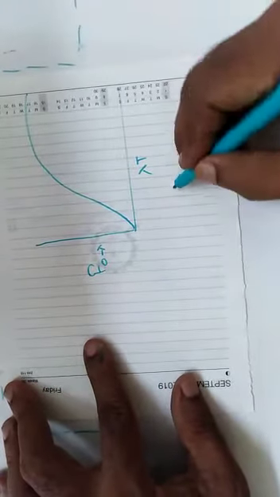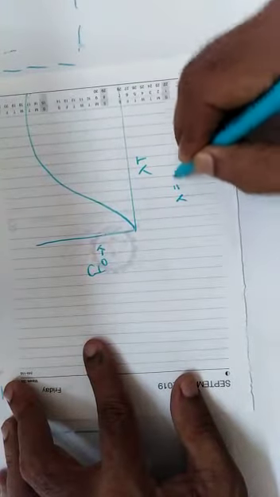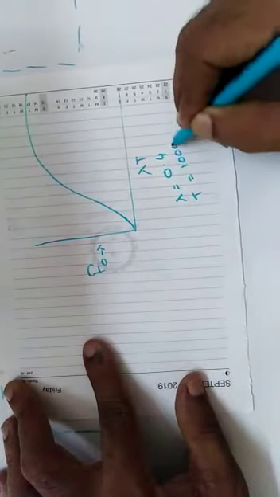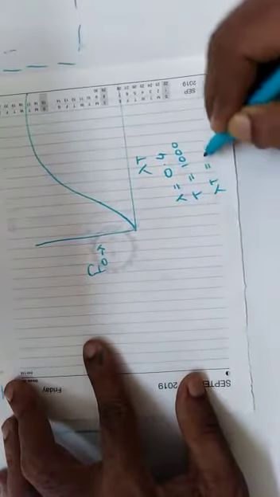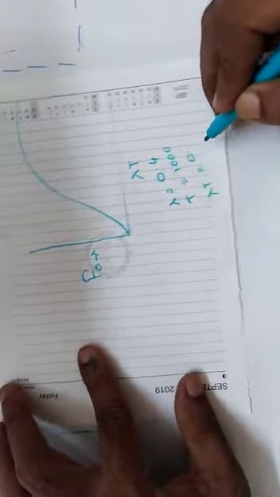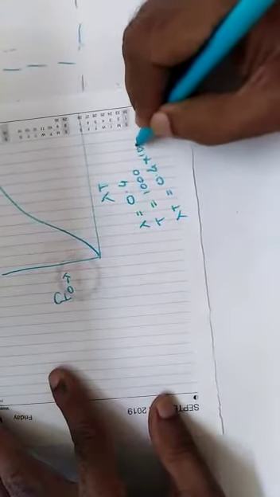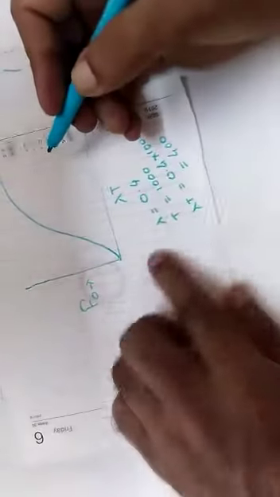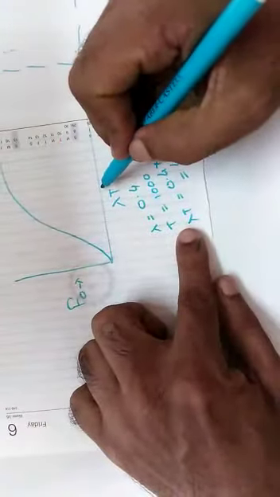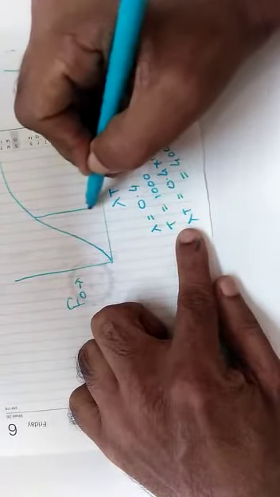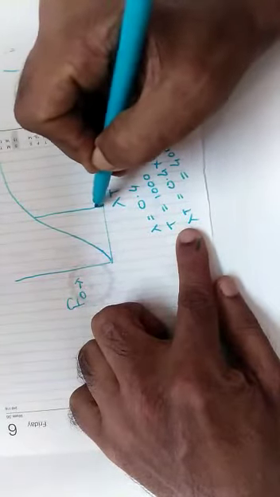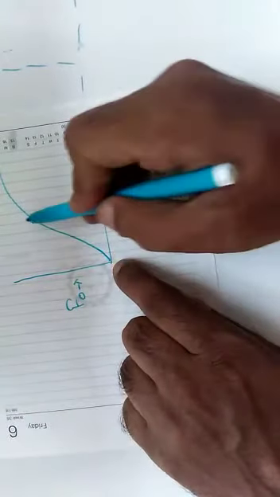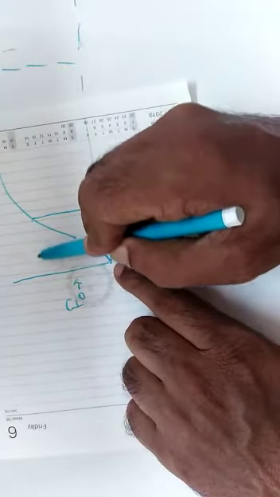That means let lambda equal to say 0.4 and T equal to 1000. Then lambda T equals 0.4 into 1000, that is 400. So if you take lambda T on the x-axis, say 400 micrometer Kelvin, corresponding to lambda T equal to 400 micrometer Kelvin, you will get a unique value for this fraction.